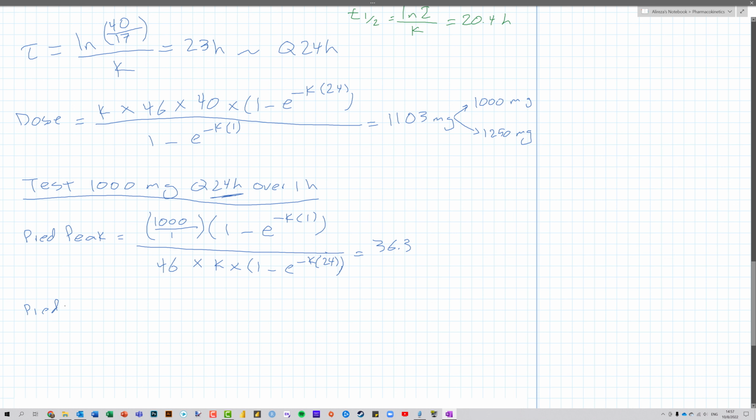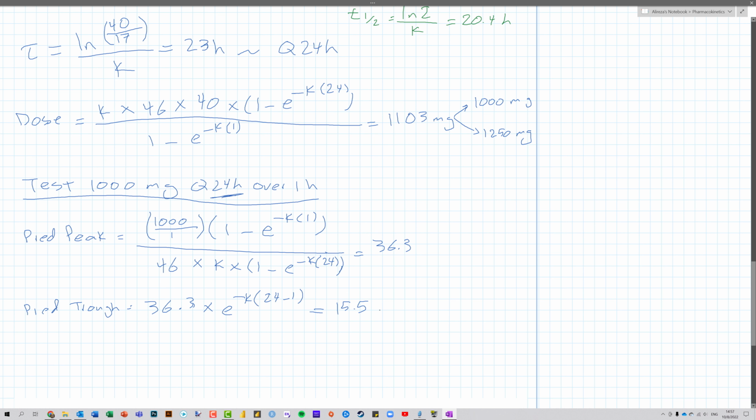So predicted trough would be your predicted peak times e to the negative k times your tau minus time of infusion. So 24 minus 1. And when you plug this in, it will give you a trough of 15.5.